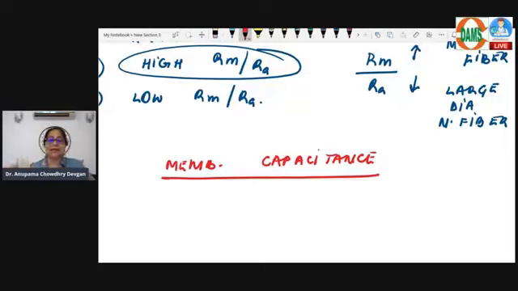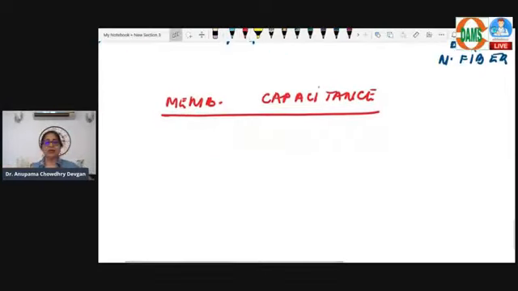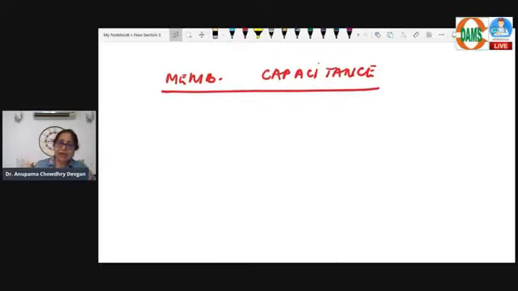the membrane capacitance. Now, what is capacitance? When you did physics in class 11 and 12, capacitance was the ability to store charge. You remember studying about capacitors, right? Now, you must understand a nerve fiber is not like a copper wire.